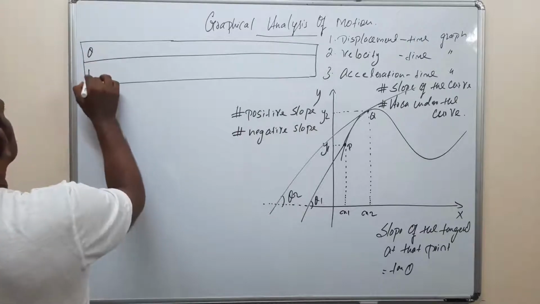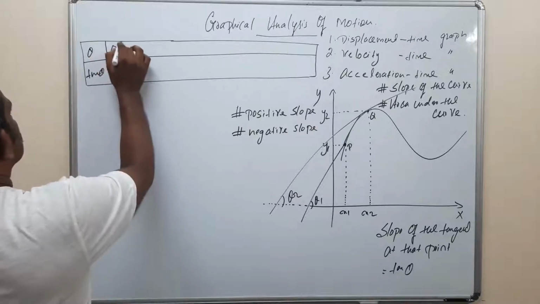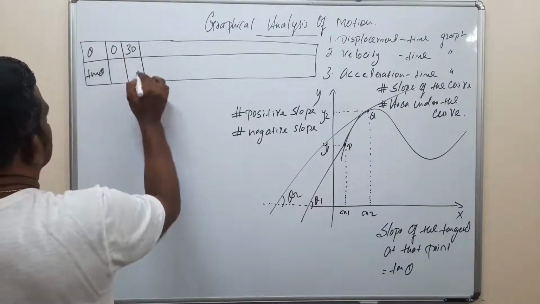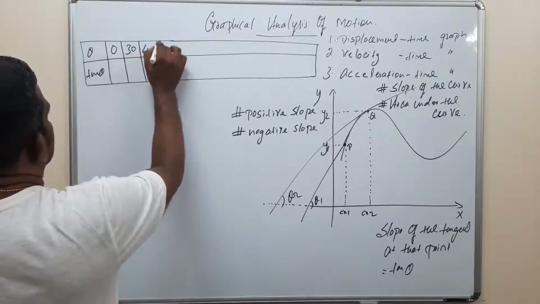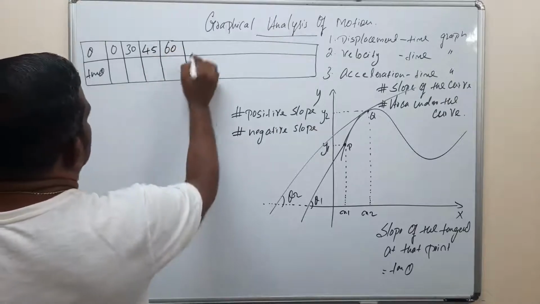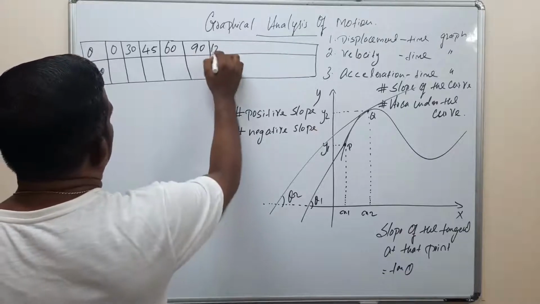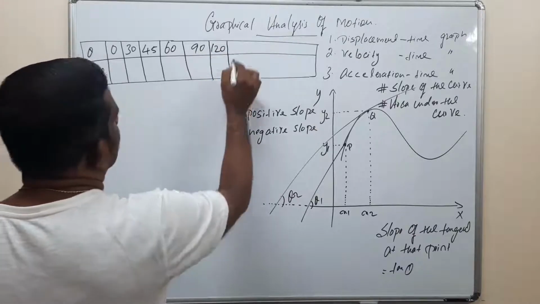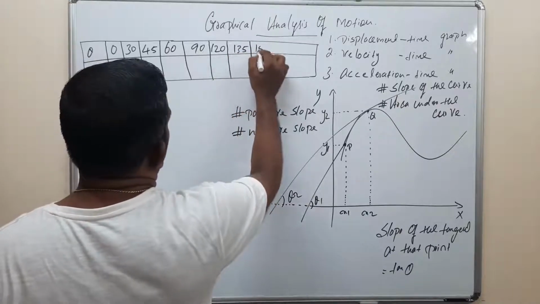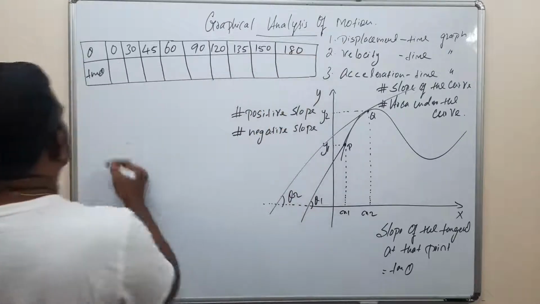Theta: 0, 30, 45, 60, 90, 120, 135, 150 and 180.